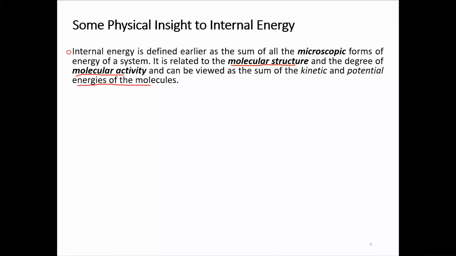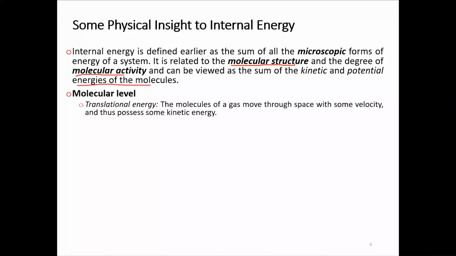Number one is the translational energy. That means the atoms are moving at a certain velocity. The energy associated with the molecular velocity or the atomic velocity of the components within the system is translational kinetic energy. Clear? The velocity with which the molecules are moving within the system.